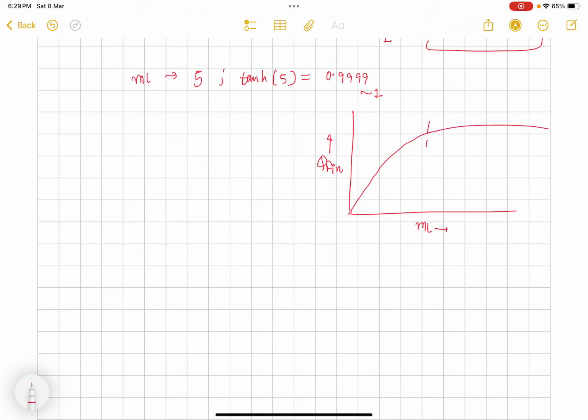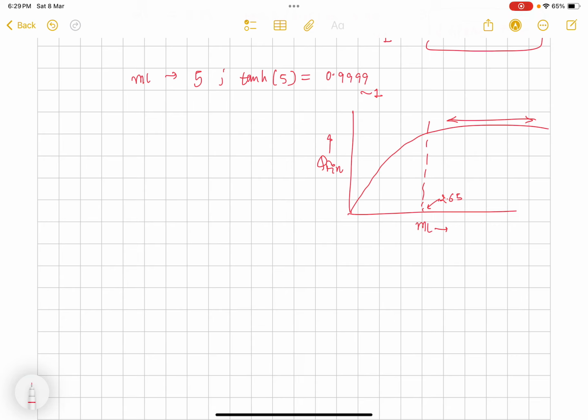Means after this 2.65, it will reach the heat transfer from the infinite length fin expression. Alright, so when should we treat the fin as of infinite length?